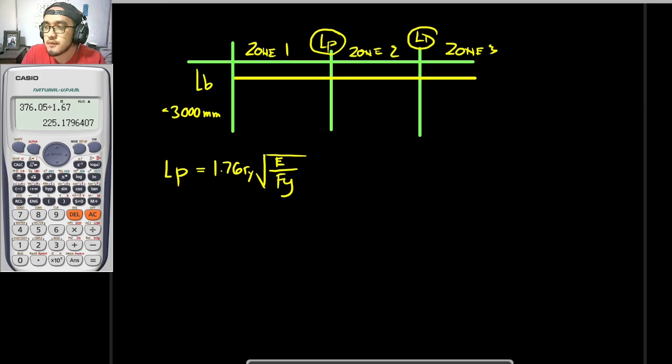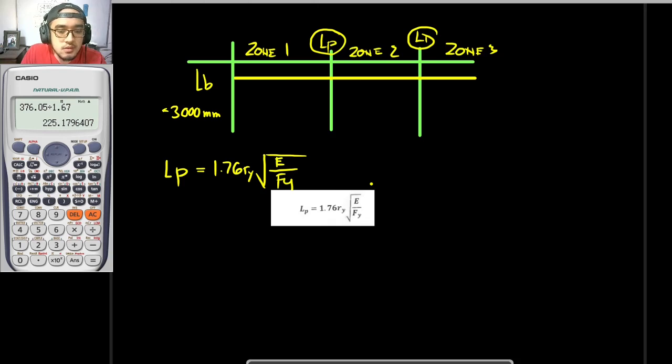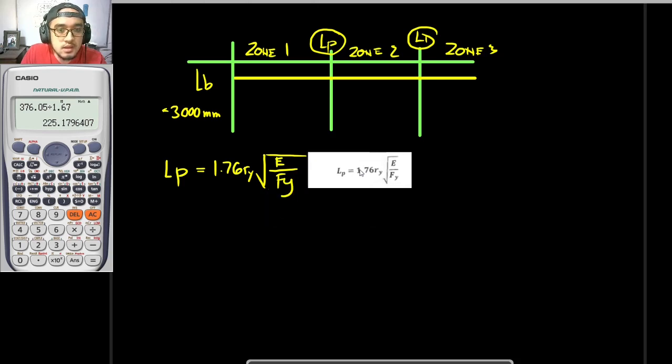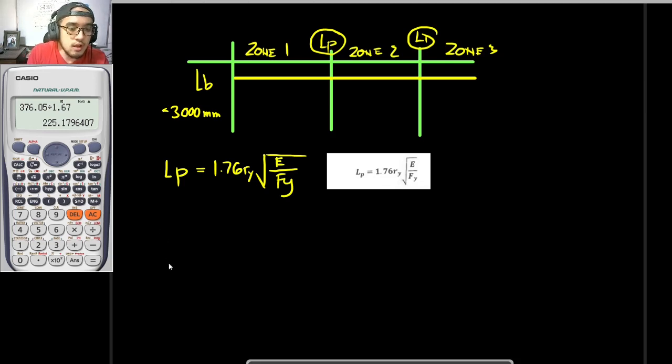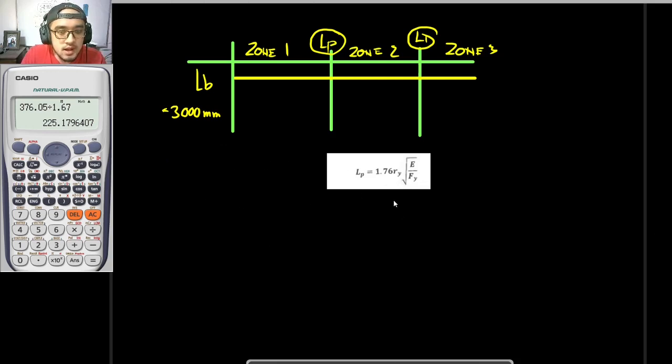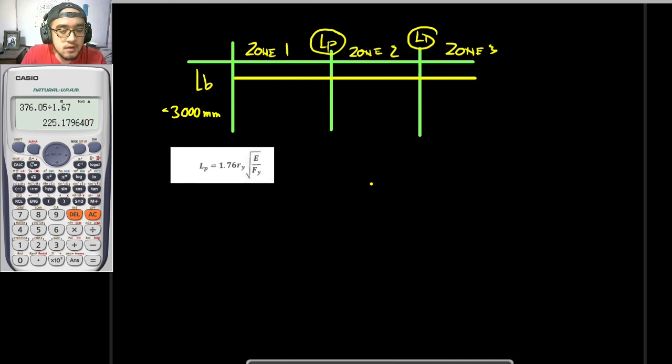This came from the formula from the NSCP, so I would be copying it and pasting it here. Basically, it is this equation right here. So that is for the value of LP once again. And as for the value of your LR, that would be this formula right here.